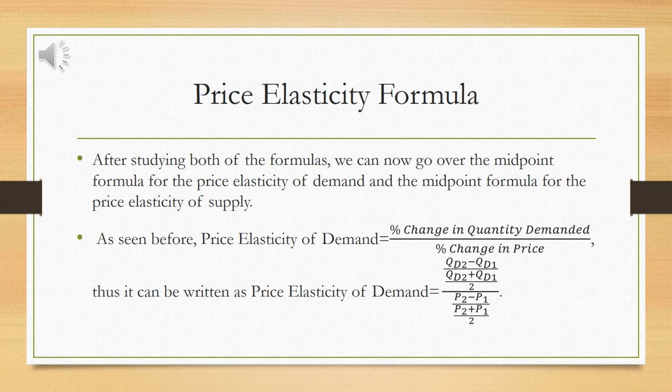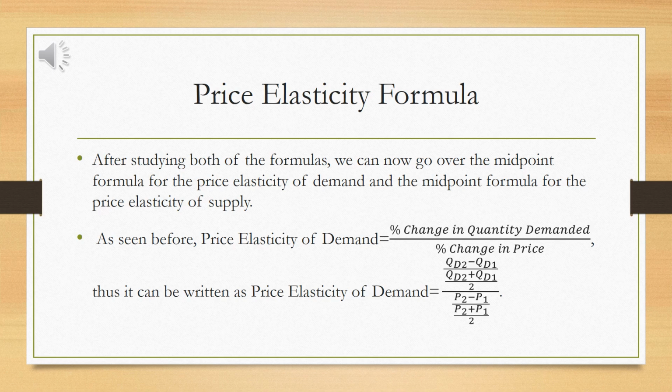After studying both of the formulas, we can now go over the midpoint formula for the price elasticity of demand and the midpoint formula for the price elasticity of supply. As seen before, price elasticity of demand is equal to the percent change in quantity demanded over the percent change in price.